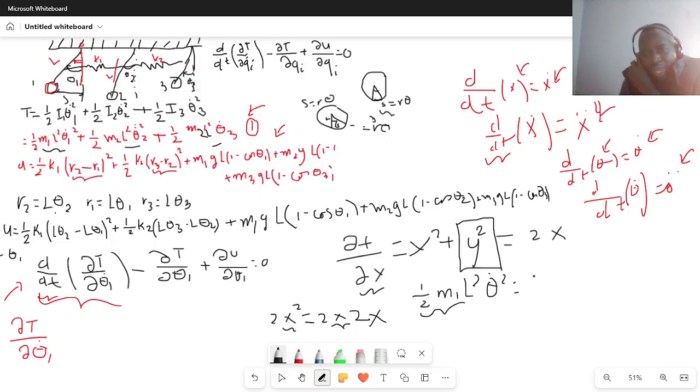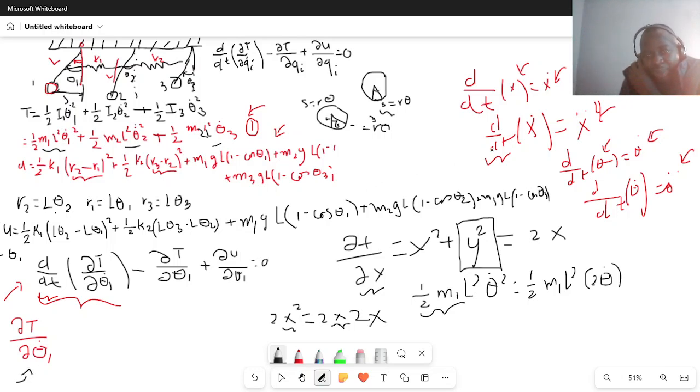In this case, you still have half m1 l1 square. What you are differentiating is theta dot 1 square, so the 2 drops down. This one is falling because the variable here is theta dot. The variable is what? Theta dot.